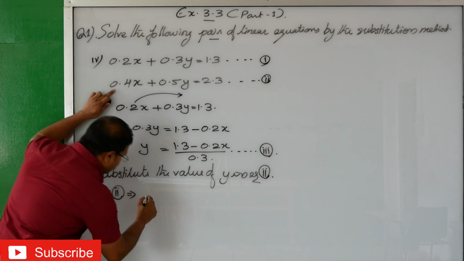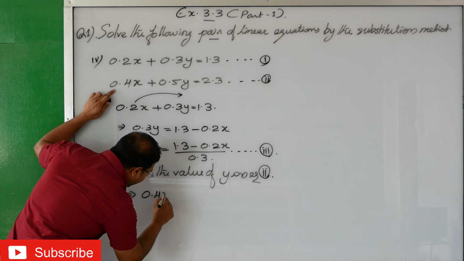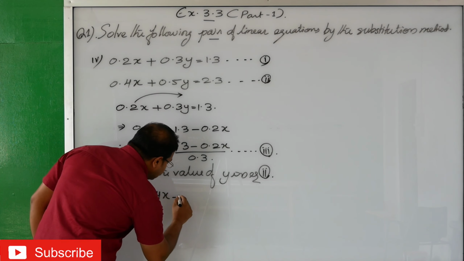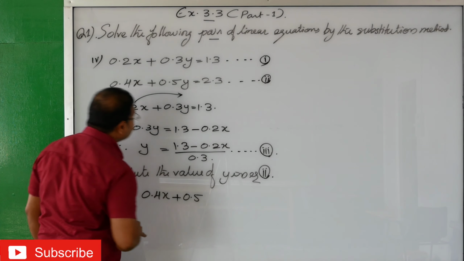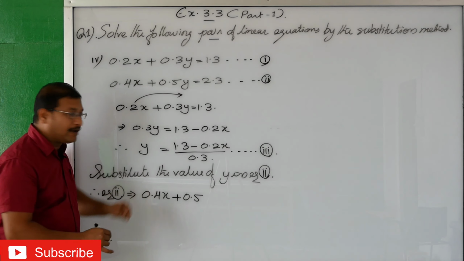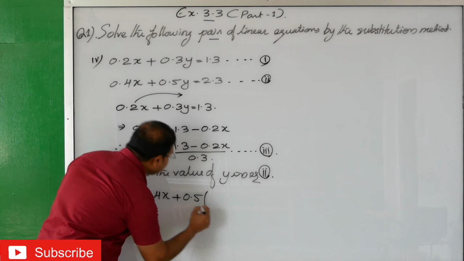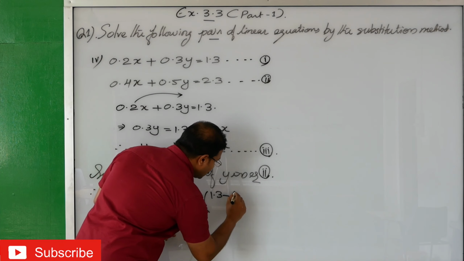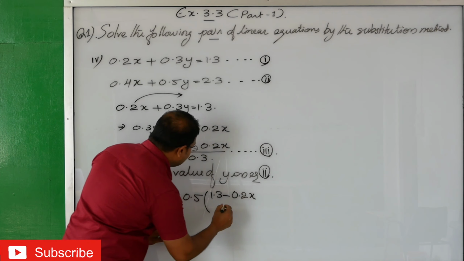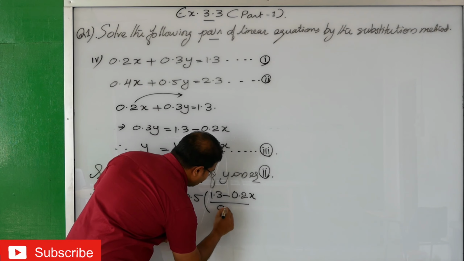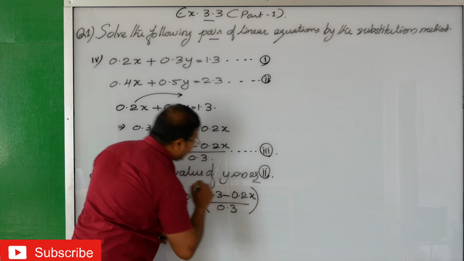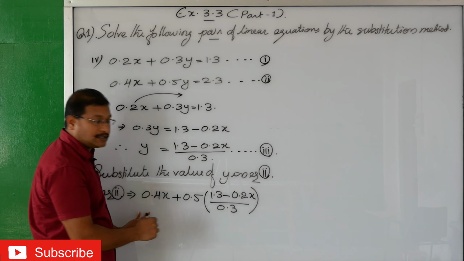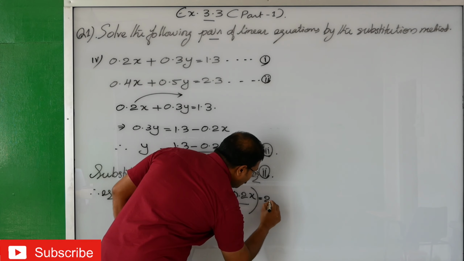That is 0.4x plus 0.5y. In place of y, what will you write? Put the bracket: 1.3 minus 0.2x divided by 0.3, closing the bracket, equals 2.3.